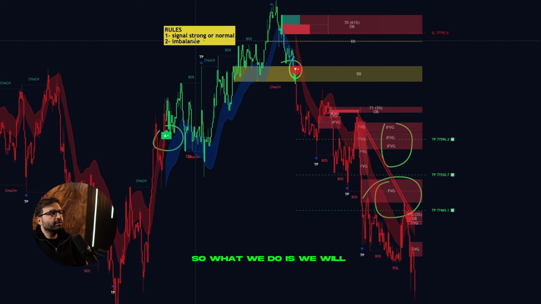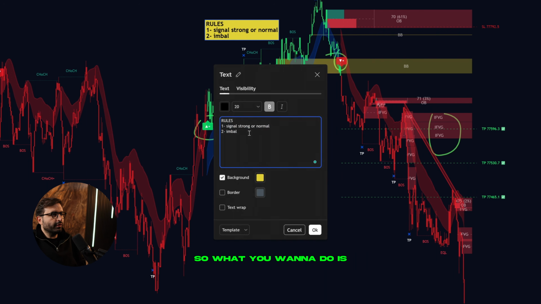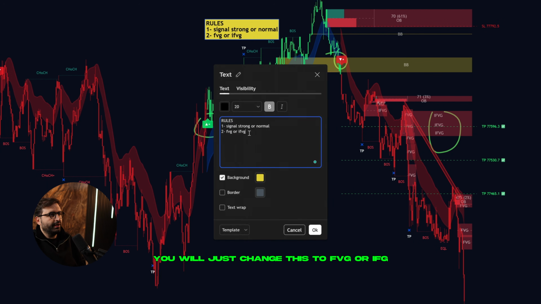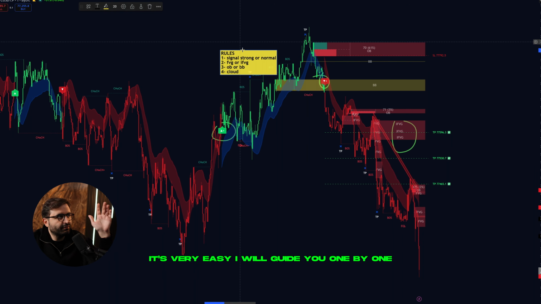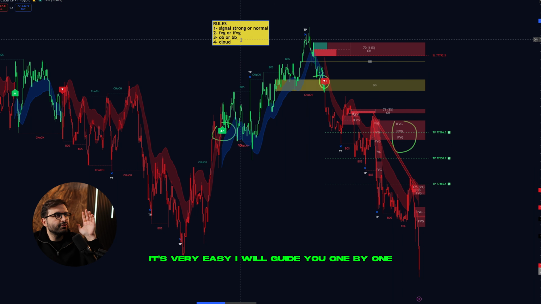So we will just change this to FVG or IFG. It's very easy, don't be scared. The third rule is you want to look for the order block or the breaker block, and the fourth one is the cloud. Bear with me, it's very easy. I will guide you one by one.